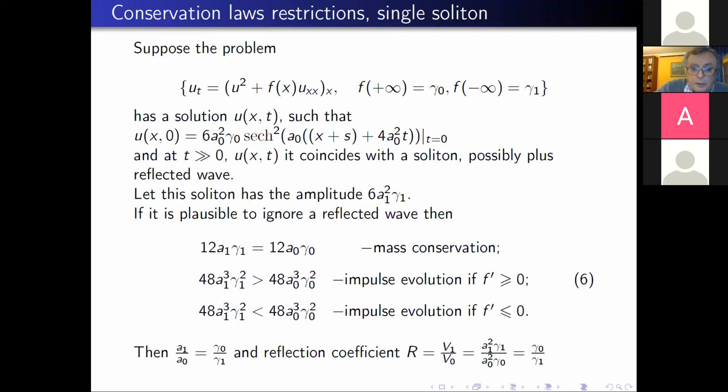By the way, reflection coefficient, sorry, I wrote reflection, it's refraction coefficient.